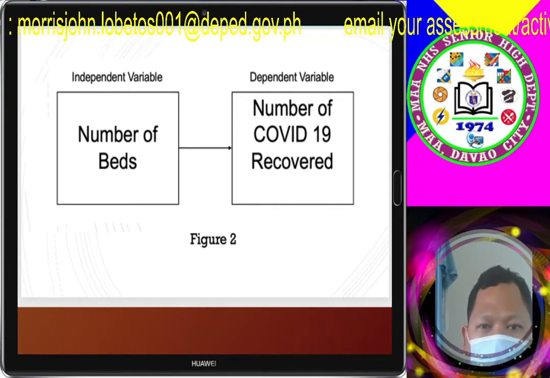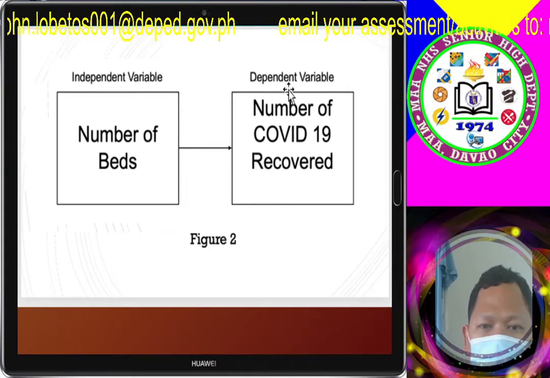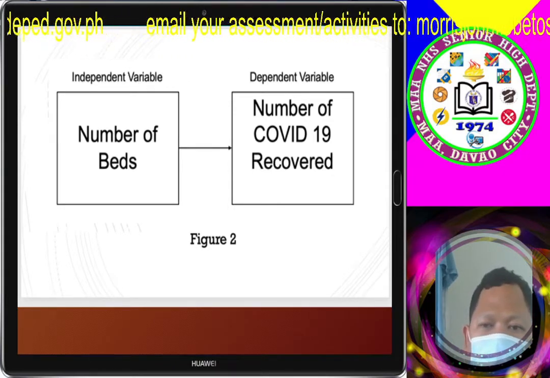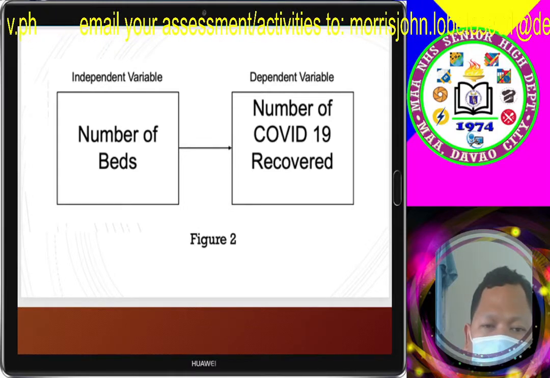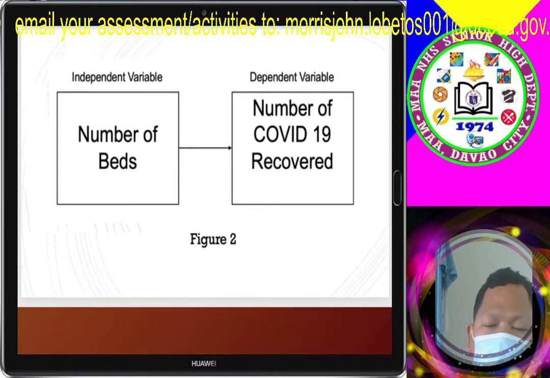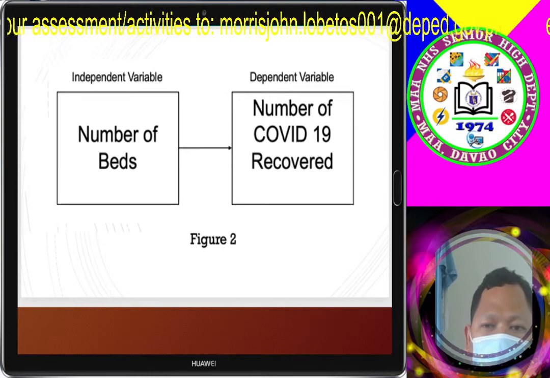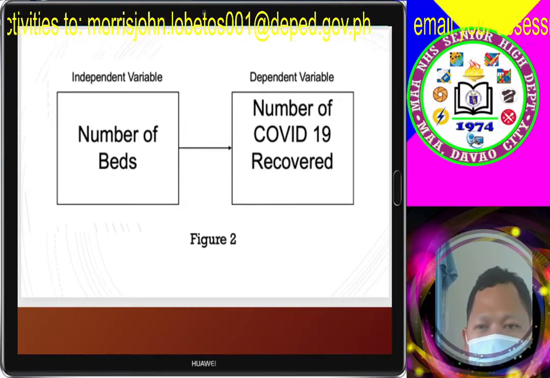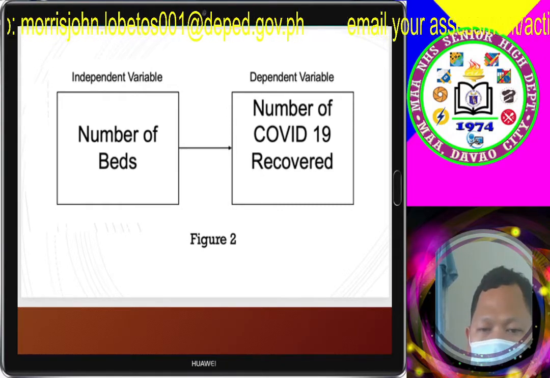So this is the pattern already. I already gave you the soft copy on the format, so you can start making now your conceptual framework. Make sure you read again a lot of literatures to support your conceptual framework.